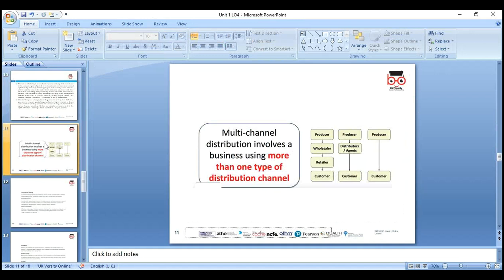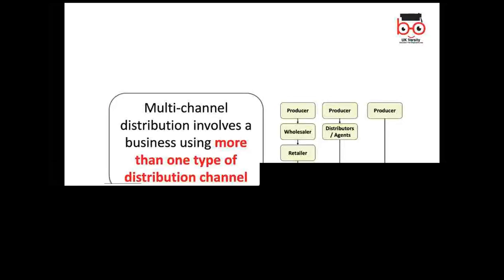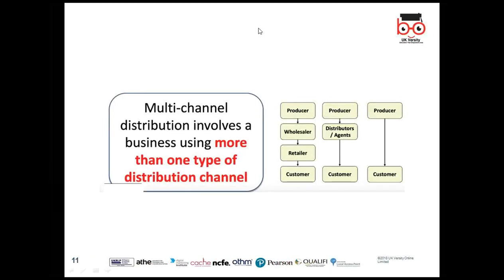Next is 4.2, where we're looking at multi-channels. So what are multi-channels? Multi-channel distribution involves a business using more than one type of distribution channel. We need to be very careful, because sometimes we may be creating competition between ourselves.